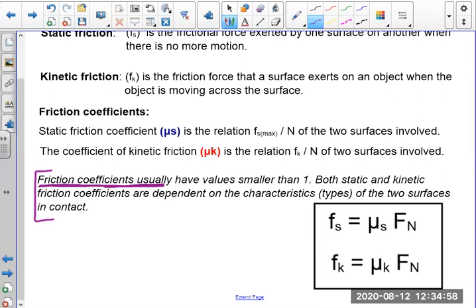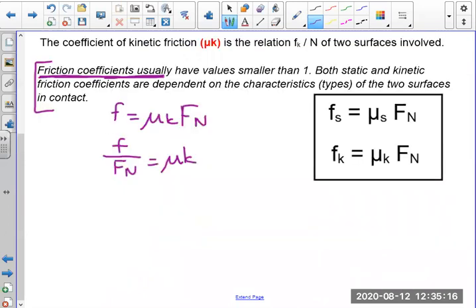Now, the reason for that is, and I just want to show you something here. When we look at, let's say, the μk, the kinetic friction coefficient, we get it alone on one side, it means that I have a friction force divided by a normal force, which equals μk. Now, the unit is newtons over newtons, because both of them are forces.